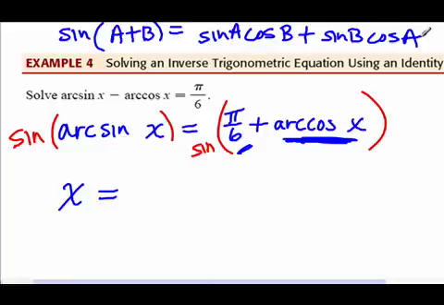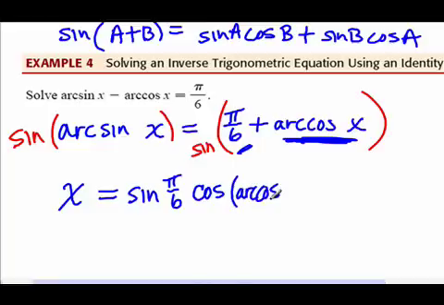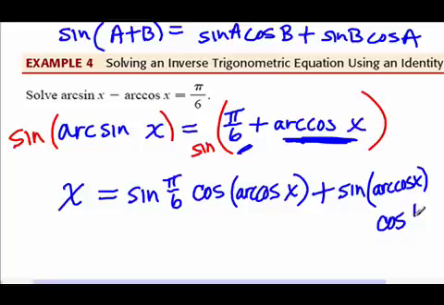Writing it out, we're going to have sine A, or sine pi over 6, times cosine B, cosine arc cosine x, which is nice, we got that one, that's easy, plus sine of arc cosine x. That one's the nasty one. Times cosine A, or cosine pi over 6. That one's not bad at all.